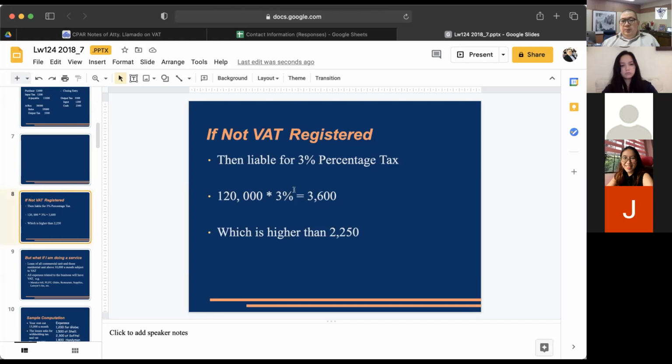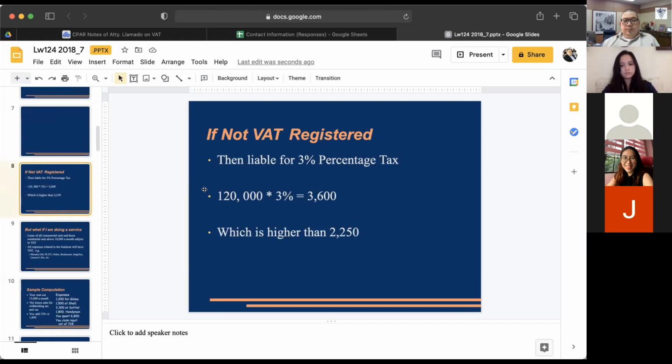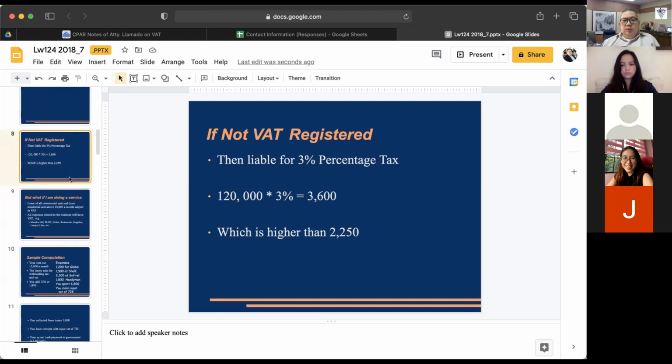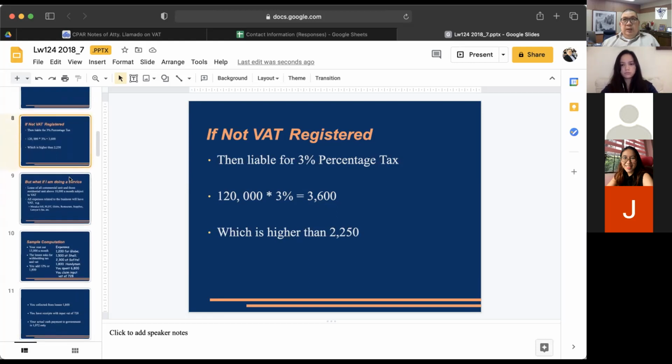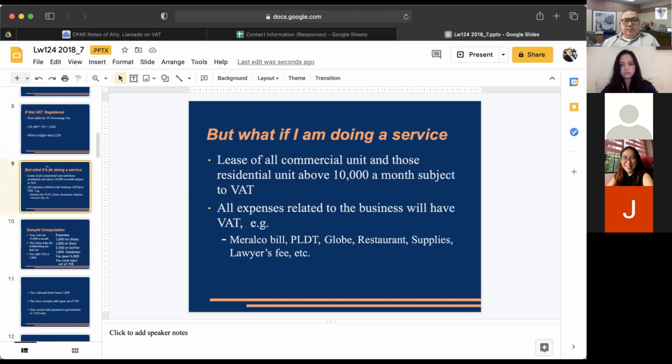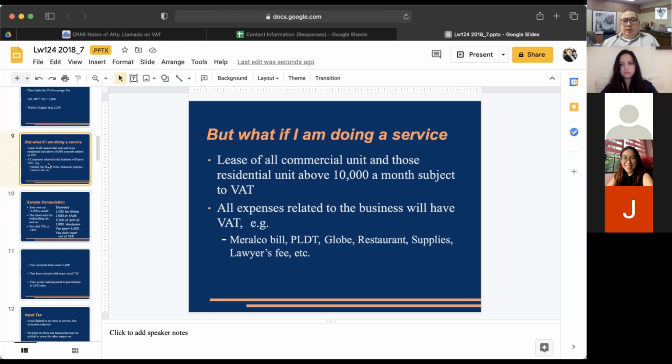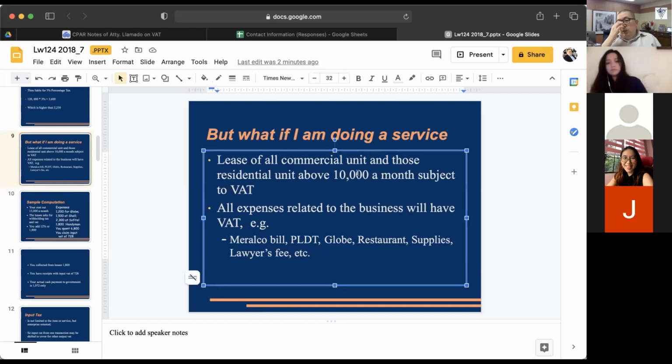So this is the percentage tax that we will discuss 2 weeks next week. Okay. Example, rental. Although the rent actually, if you're leasing less than 15,000, you should not collect VAT. Should be 15,000 now.